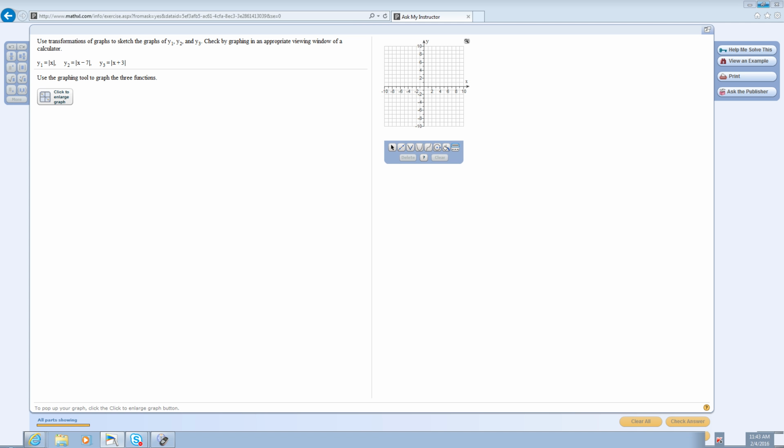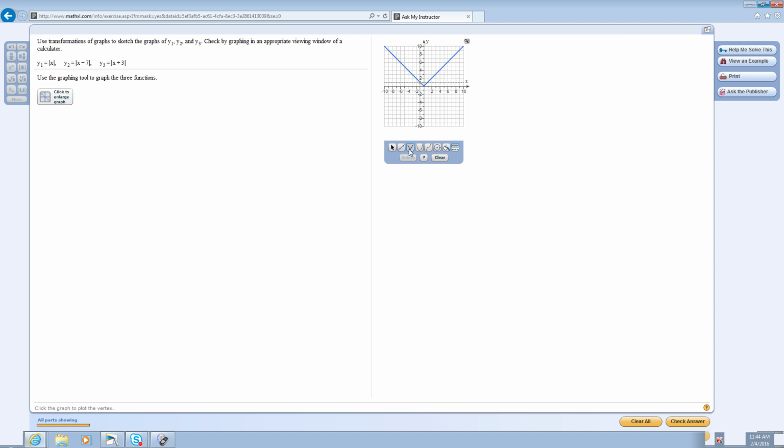I don't know how they want you to do it, so we'll look at the handy dandy graph and let's see what it says to do. Here's the absolute value right there. And I guess 1 to 1, so I'm going to put 1 to 1 right there. So there is the black graph.